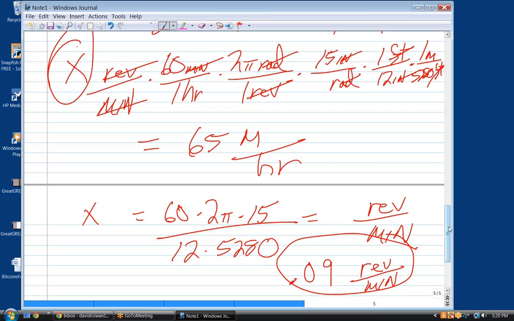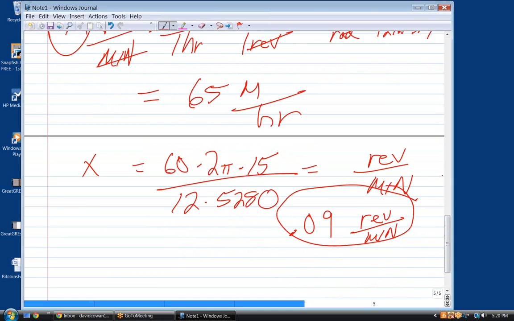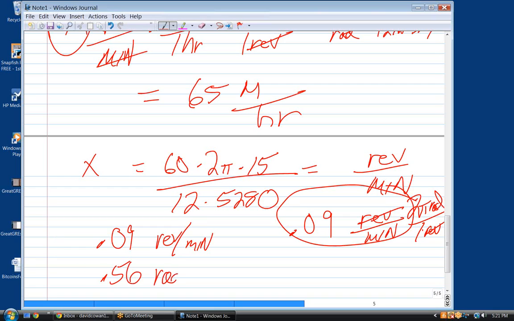In other words, we've got 2 pi radians per revolution. So the revolutions cancel and you end up with radians per minute. And that number is 0.56. So our answer is 0.09 revs per minute and 0.56 radians per minute.